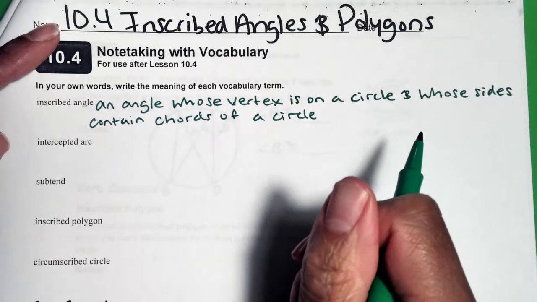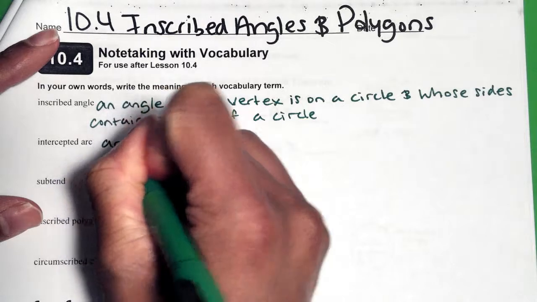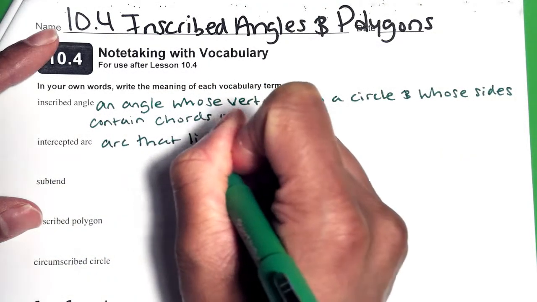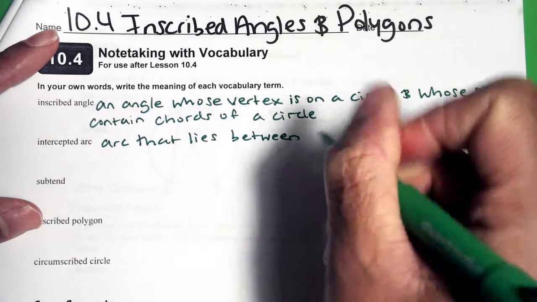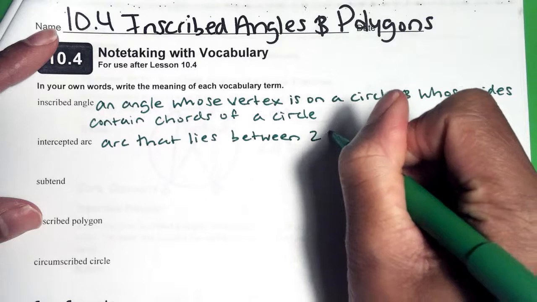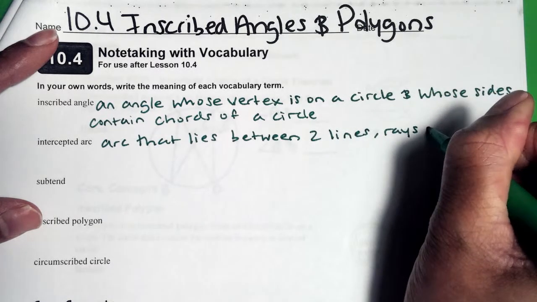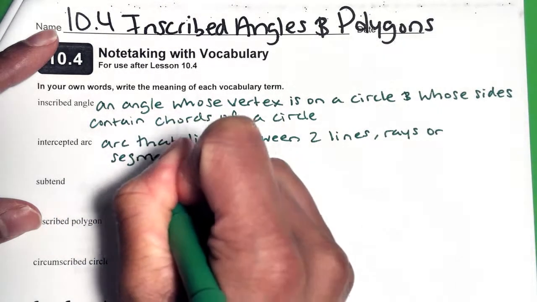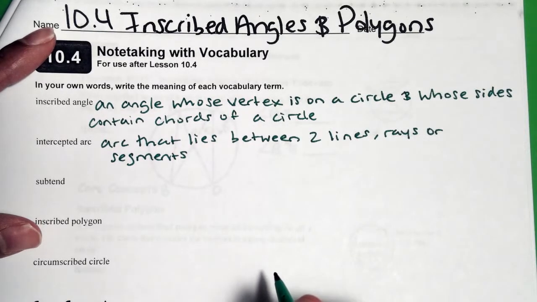We'll also have an intercepted arc, and that is an arc that lies between two lines, rays, or segments. Okay. So that's an intercepted arc.